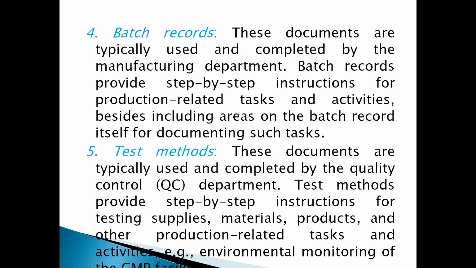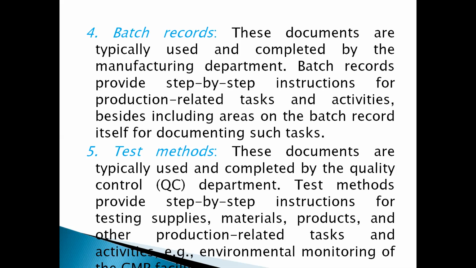Number four, batch records. These documents are typically used and completed by the manufacturing department, where every batch will be taken care of, production and all. The batch records provide step-by-step instructions for production-related tasks as well as activities, including areas in the batch record for documenting such tasks.